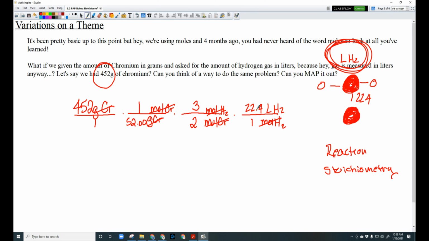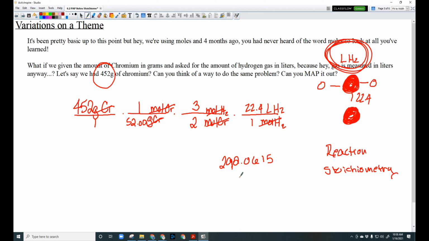Okay, so let's grab your calculators. 452 times 3 times 22.4, and all that's going to be divided by 52 times 2. That's going to give me 292.0615. And this is all calculator vomit.